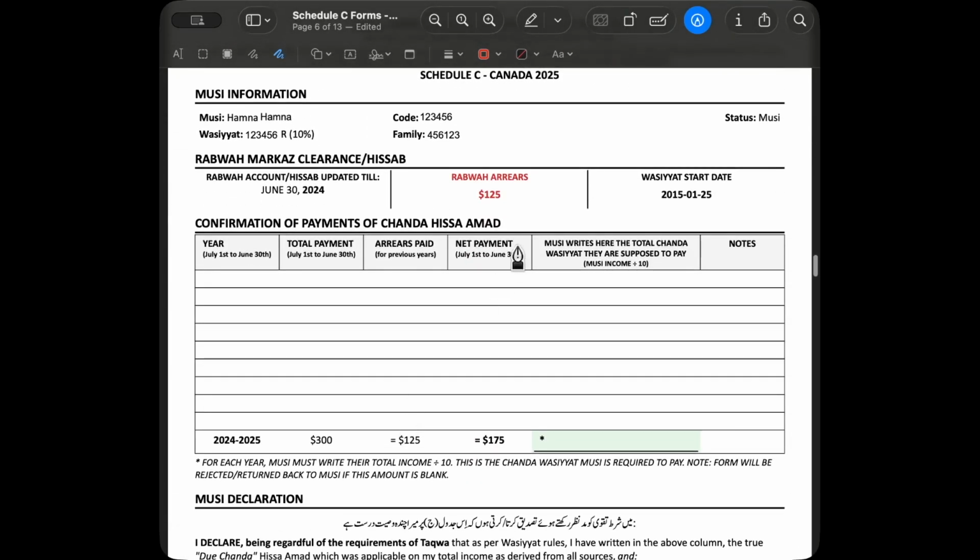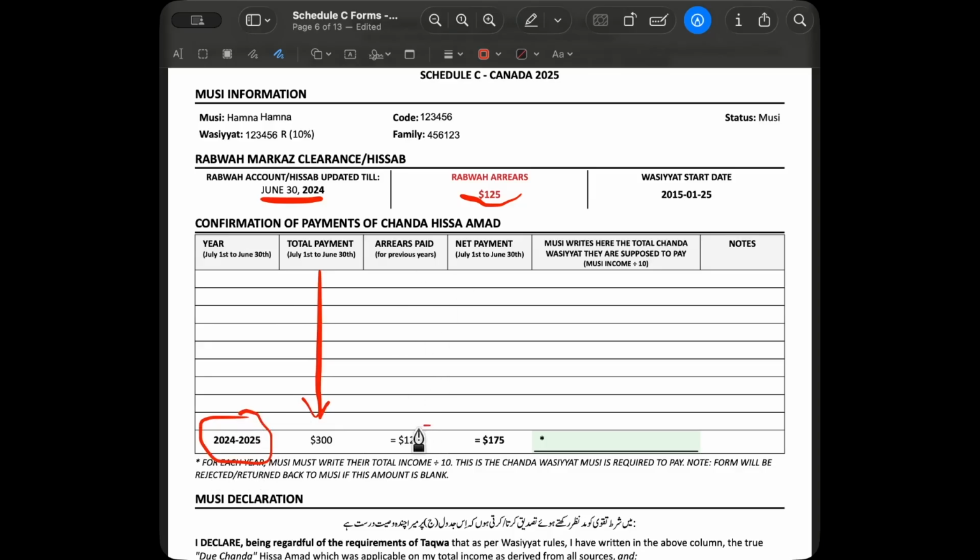Now this is another form where it seems this is a Lajna who is on pocket money. Let's assume that she is on pocket money and she was supposed to pay $300. Her account is cleared up to here. However, she has $125 arrears, which she was supposed to pay. Now, total amount that she has paid is $300 for the year 24-25.